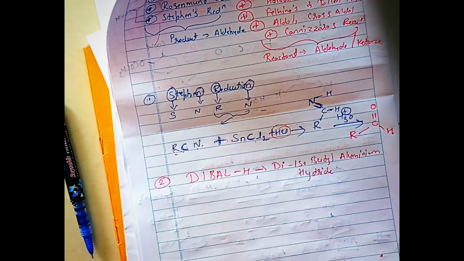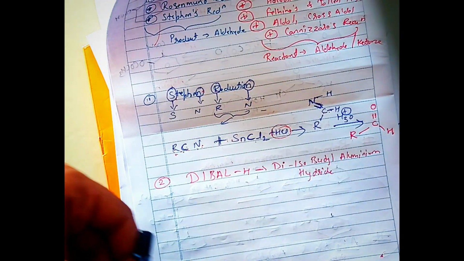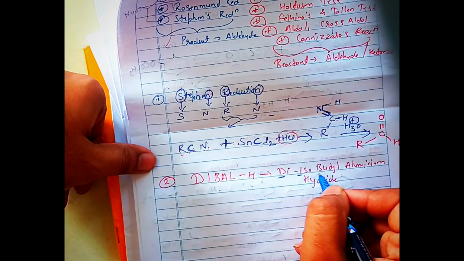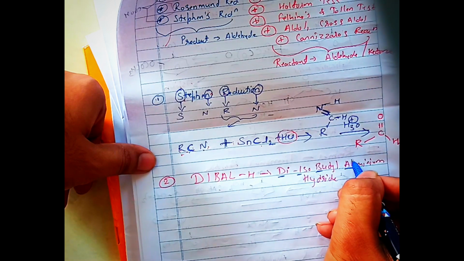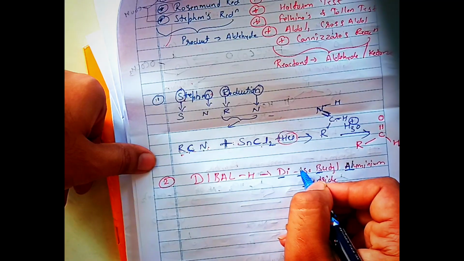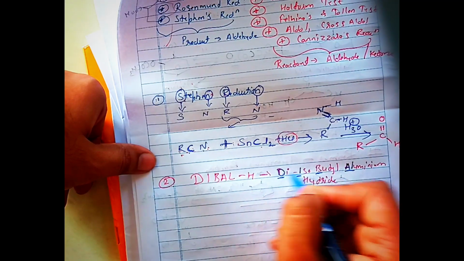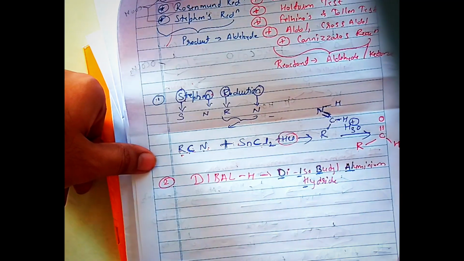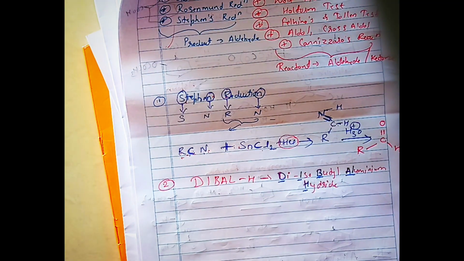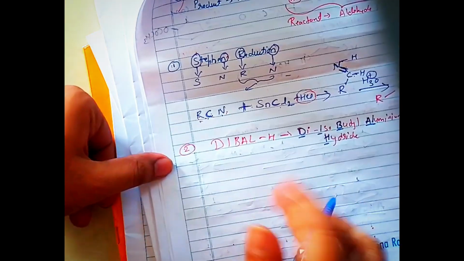Okay, this is also one of the important ones, so I have discussed it here. D I B A L, Al, then H, this will be DIBAL-H, right?